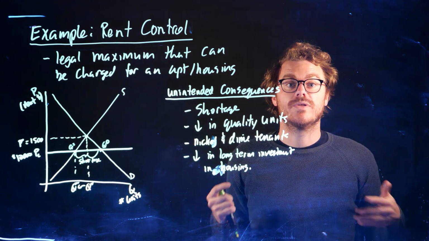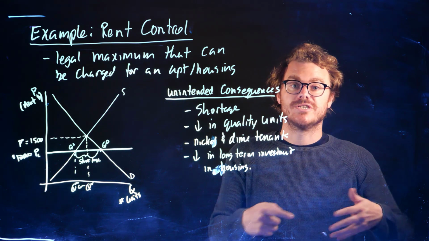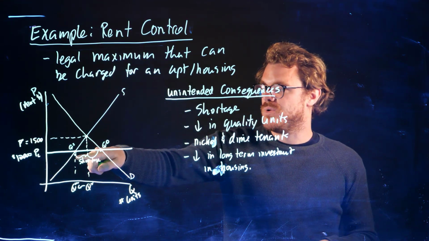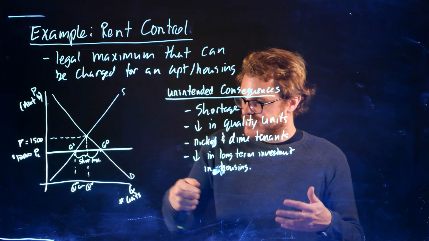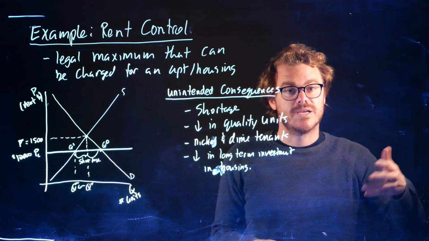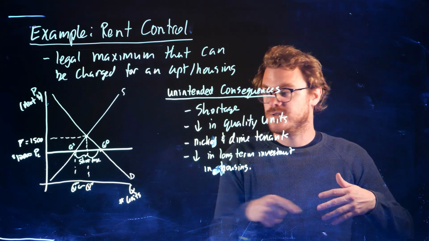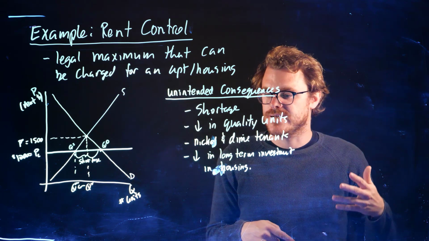Is it going to make it worth it to build it? Or are people going to be willing to purchase these condos to rent them out if they can only get $1,200 rather than $1,500 a month? Well, that's a lot of their future income that is going to be a lot lower. And so it's going to be harder and harder to justify, the lower and lower this rent control is, making new housing.